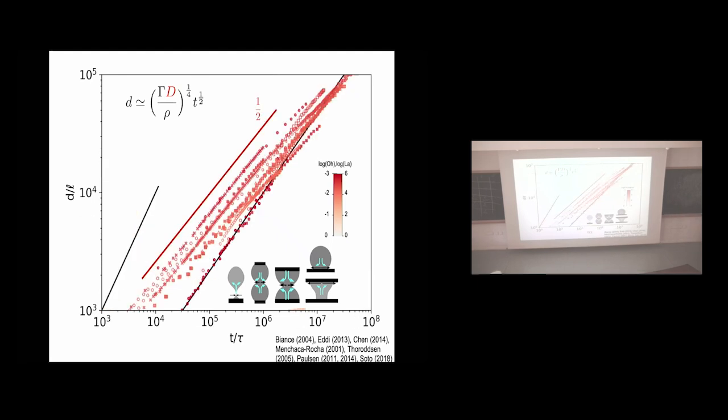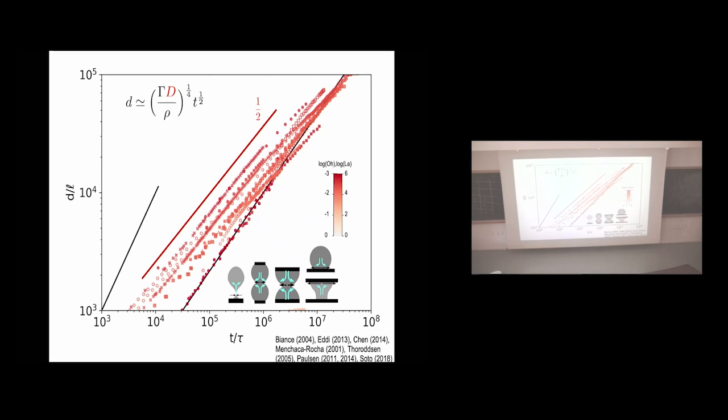Zooming in, you can see a lot of experiments, a bunch of different setups, but they are all following the same slope with different values of surface tension, density, and drop size.